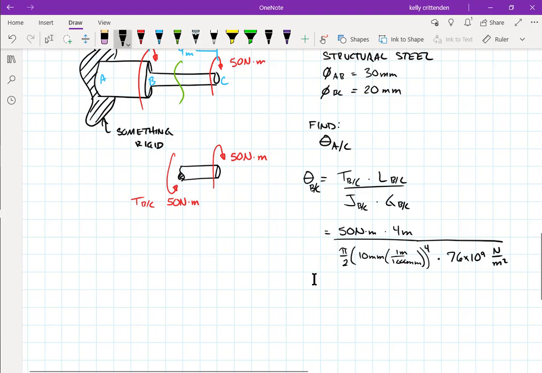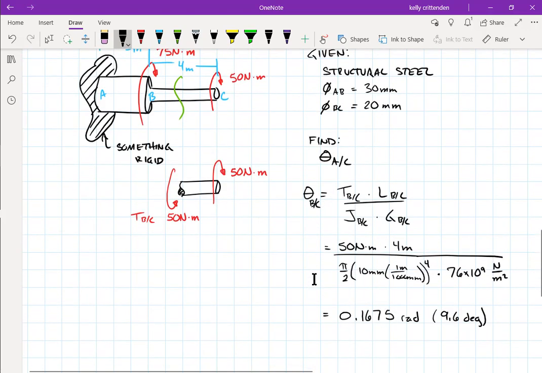All right, if I did it right, I get 0.1675, and again, these are radians. So times 180 over pi, 9.6 degrees. That's a lot, but it is 4 meters long. And it's the same size as the one we just had. So that should just be twice what we just had. So that makes sense.